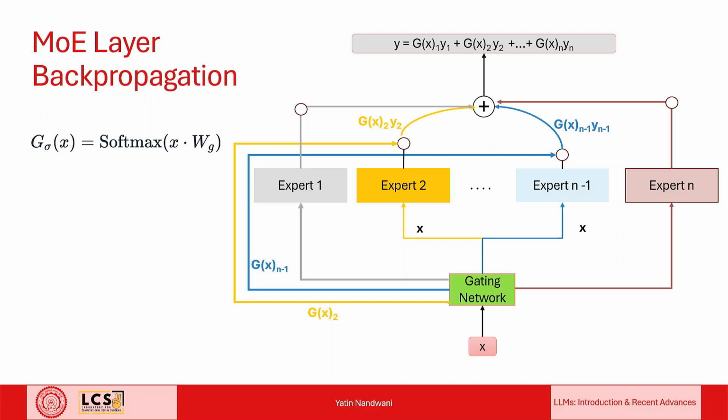For a token X, we have the probability of selecting an expert. The output Y for a given token is going to be a convex sum of the outputs of each expert, and we call each of these outputs Yi.